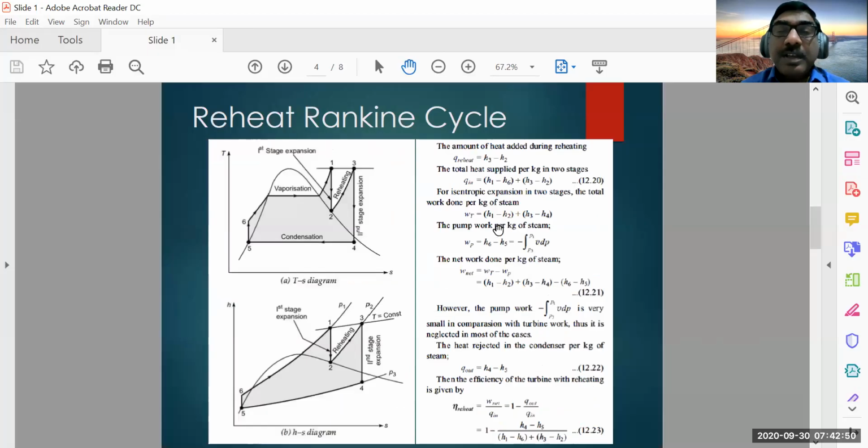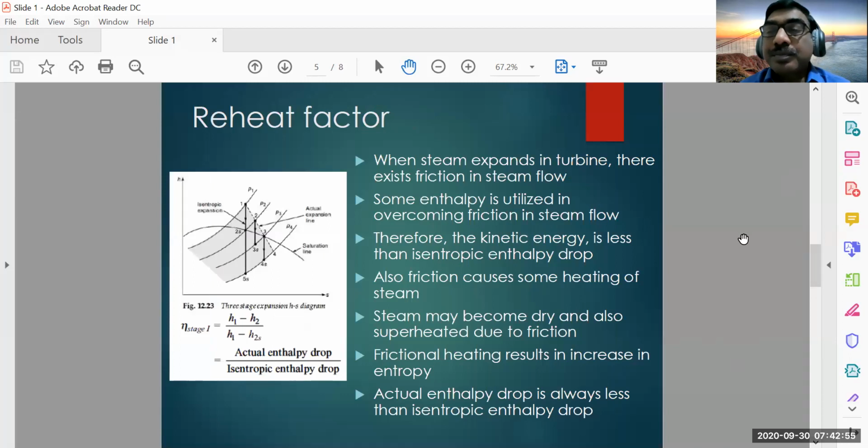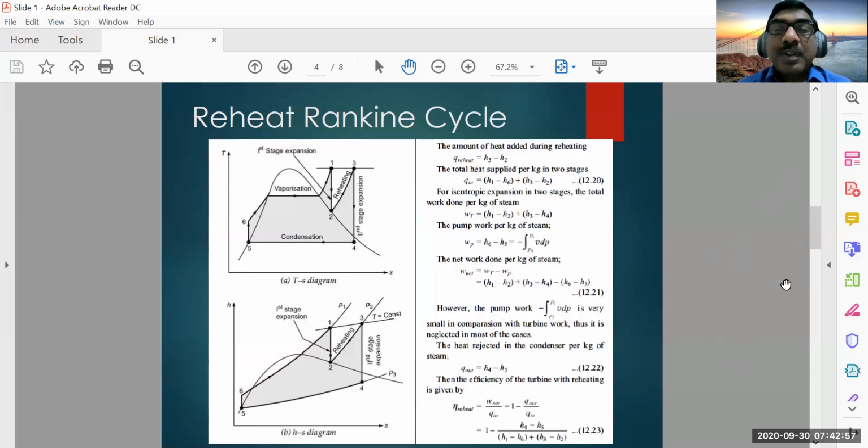So that is what is given here. The Q reheat, I told you, is H3 minus H2. Qin is equal to H1 minus H6 plus H3 minus H2, where this is the first Q and this is the second Q. The turbine work is this one, H1 minus H2 plus H3 minus H4.